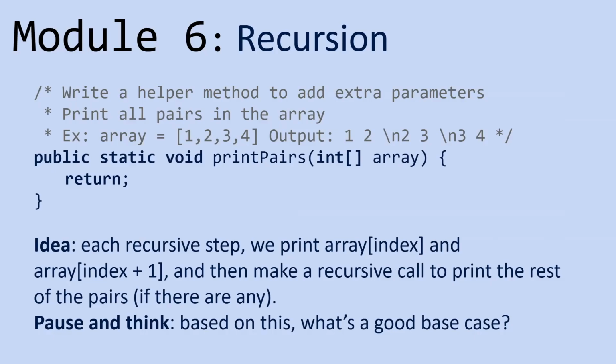And so each recursive step we're printing array sub-index and array sub-index plus one. And then we make a recursive call to print the rest of the pairs in the array, if there are any. All right, so hopefully that makes sense. And then, based on that, what would be a good base case? Based on index, how would we tell if we've already printed the last pair in the array?